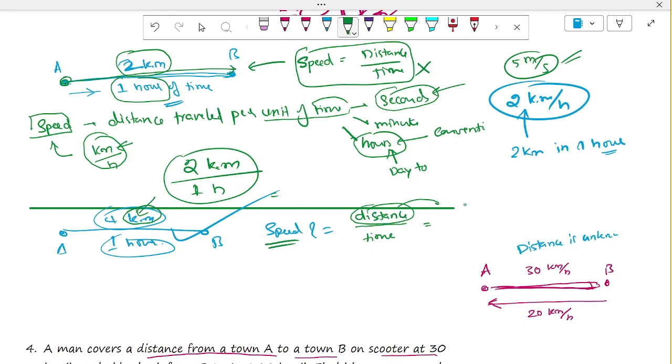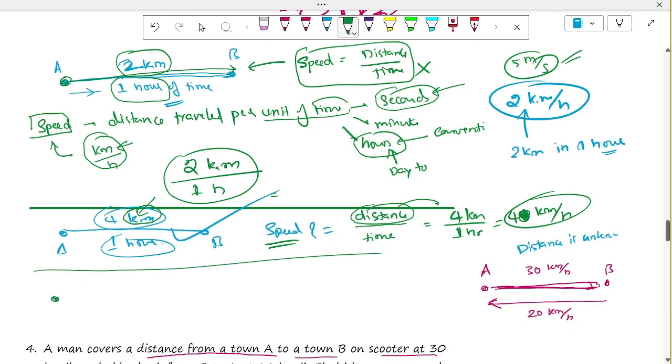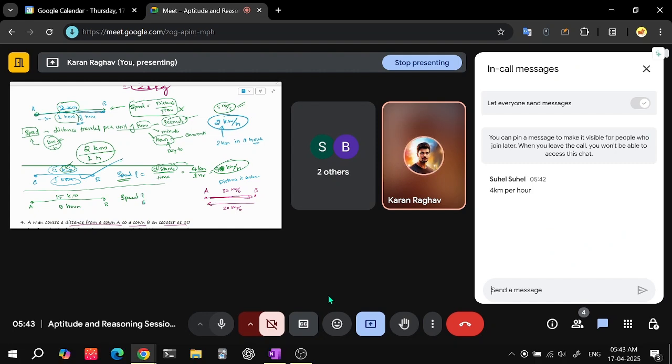In this question, the distance is 4 kilometers and the time is 1 hour, so it is 4 kilometers per hour. Let's take another simple question. There are two places A and B, around 15 kilometers apart, and the time taken is 5 hours. Can you tell me the speed now?